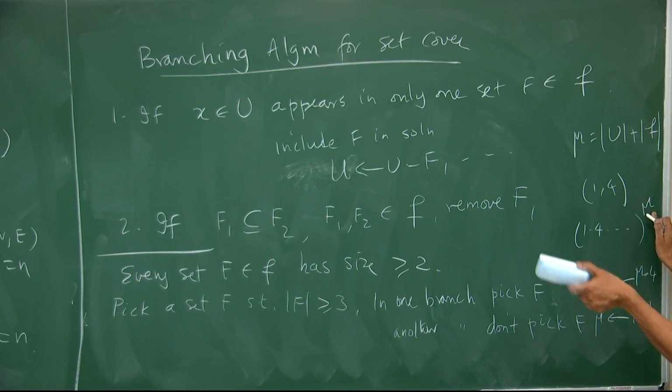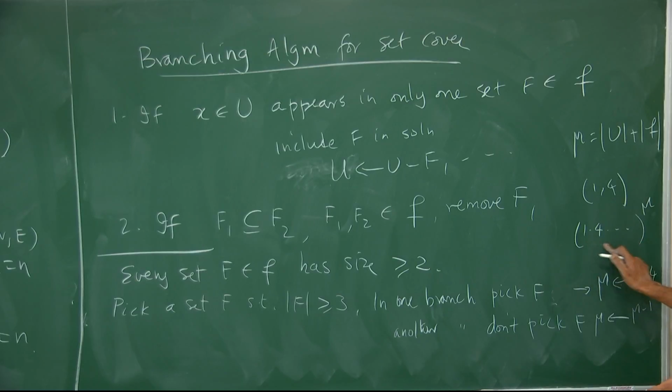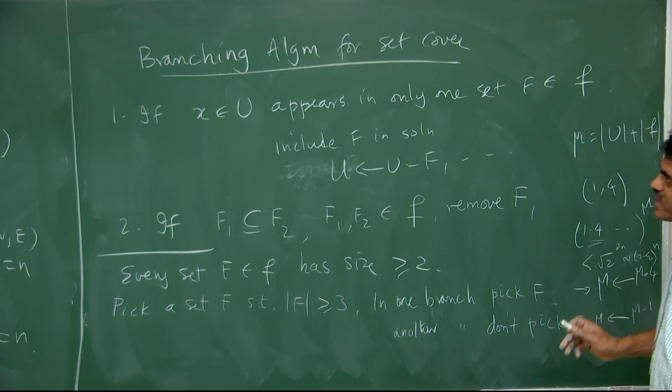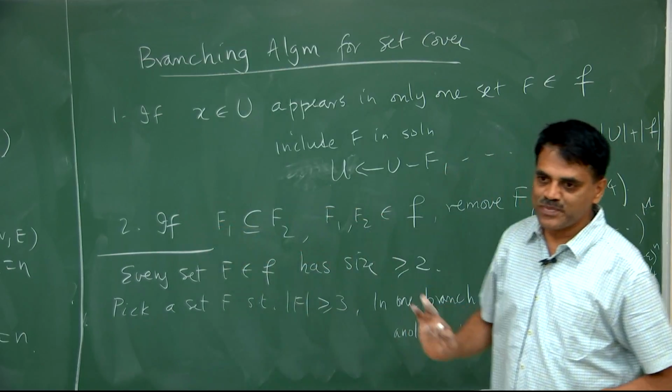So 1.4 power mu. What is mu for me? For my dominating set example, it is 2n. So this is less than square root of 2 power 2n, which is less than 2 power n. My aim was to get a 1-4 branch because that way my base would be less than square root of 2. My mu is 2n. So this whole thing would be some 2 minus epsilon, because I am just trying to get an algorithm whose running time is better than 2 power n.